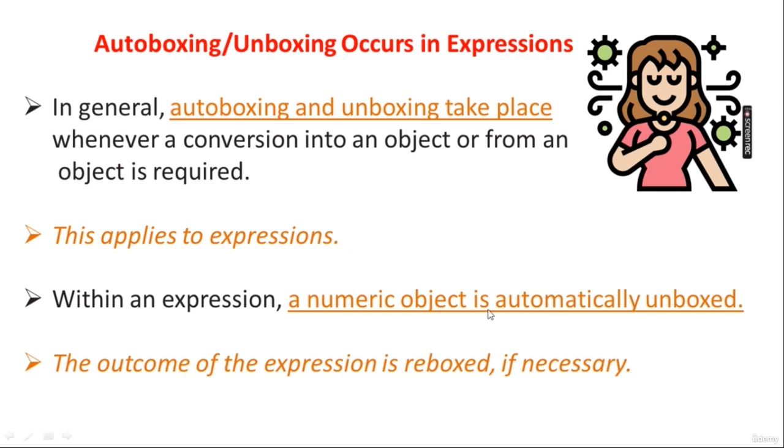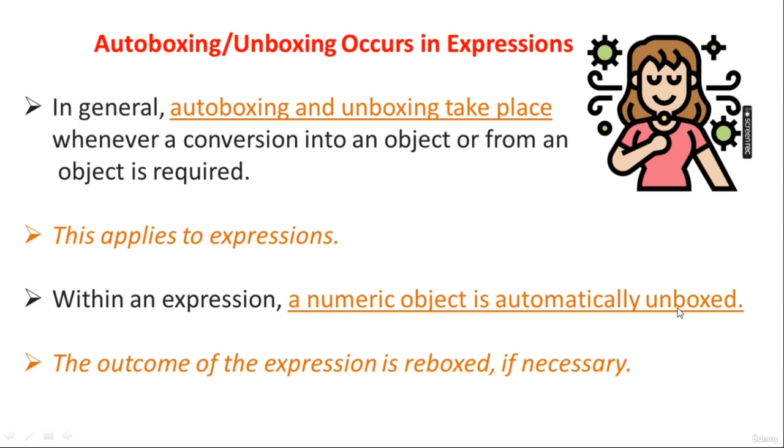Within an expression, a numeric object is automatically unboxed. Okay, a numeric object like a wrapper class Double, wrapper class Float, or wrapper class Integer object is automatically unboxed and given the primitive value to be calculated, like addition, subtraction.